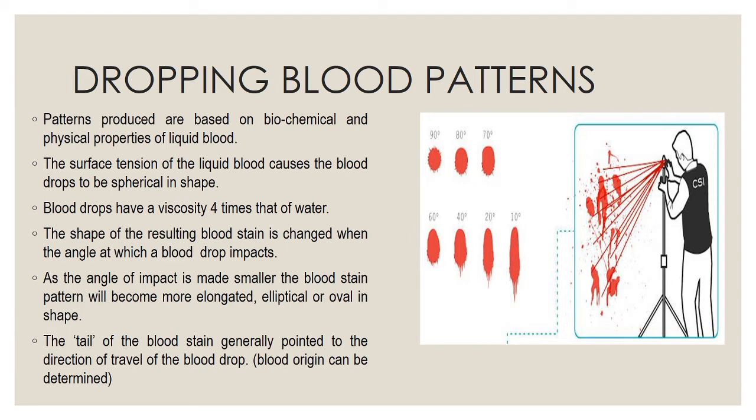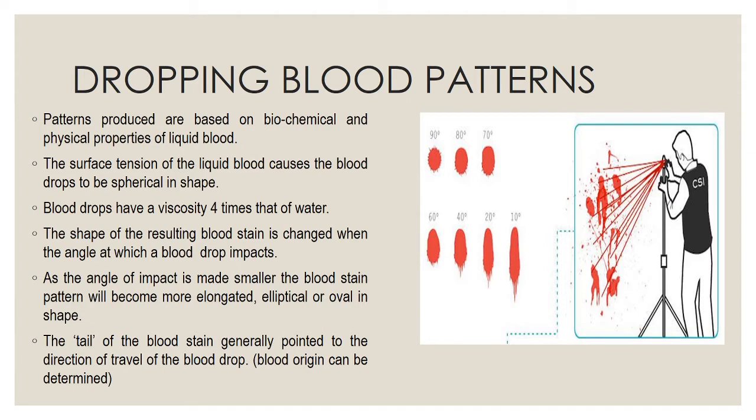The surface tension of liquid blood causes the blood drops produced from a blood source to be spherical in shape, and the blood drops have a viscosity 4 times that of water. The average volume of a drop of blood is approximately 0.05 to 0.6 ml, and roughly it is 20 drops in 1 milliliter under normal conditions.